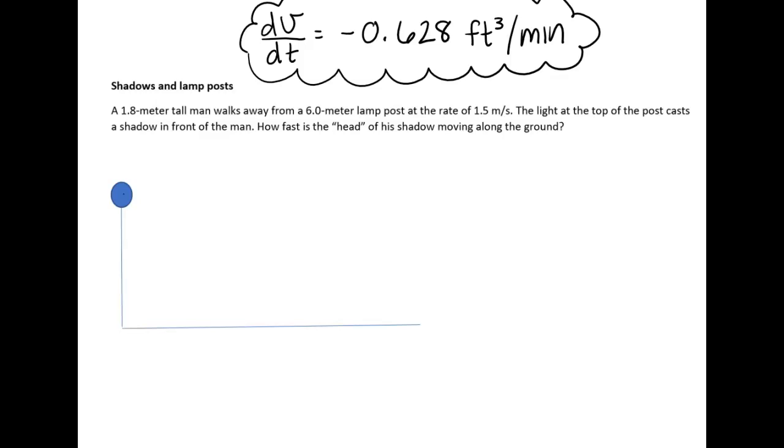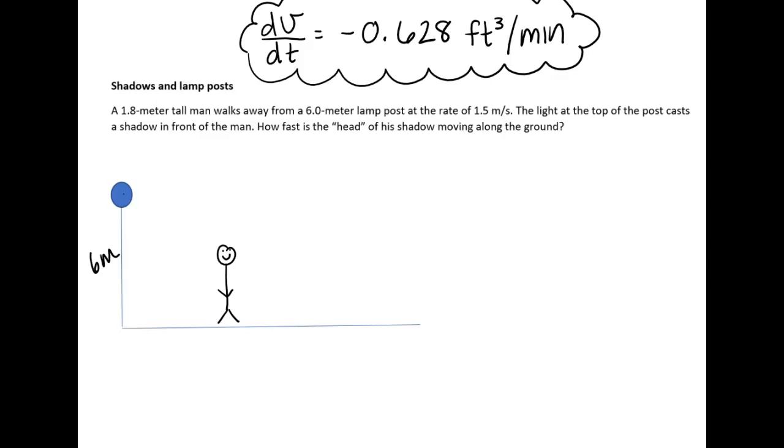So we make a picture. Okay, that's always our first step. So that's our lamppost. We know our lamppost is 6 meters tall, because we're told. Now we have a 1.8 meter tall man. Let's say this is our man right here. I'm going to redraw him. Let's say this is him. He's happy because who doesn't want to walk away from a lamppost to create a calculus problem?